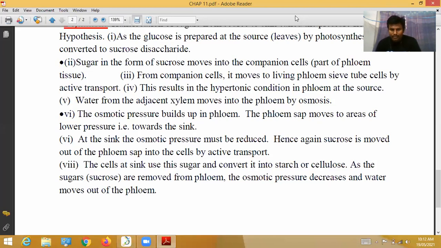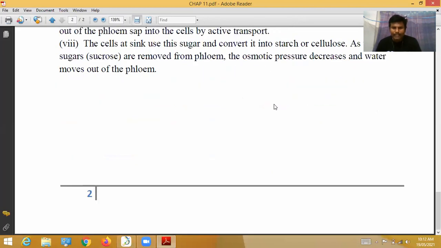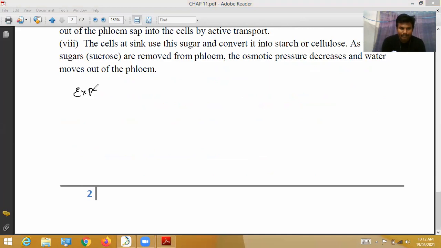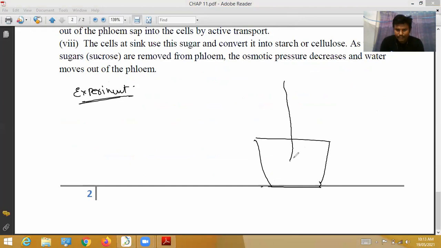To prove whether phloem contains food or not, we have to see one experiment. What is that experiment? Take a well-watered potted plant. It is growing happily. Here the leaves are there, these are all leaves.